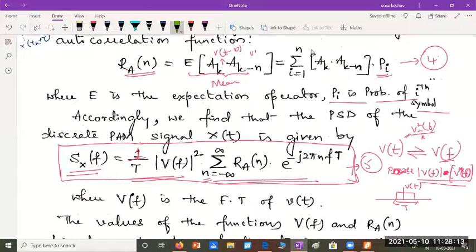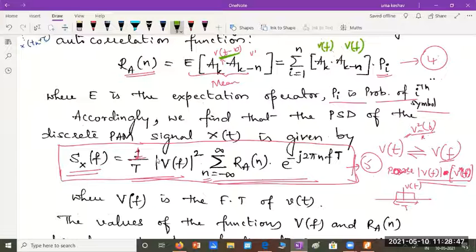And remember, these a_k values represent just the amplitudes of which signal? We have the rectangular pulse, time shifted pulses attached to this a_k. So when I consider that they are attached to the rectangular pulses v(t), I will also have to consider the Fourier transform of v(t), which will be V(f), and for the other V(f) also.